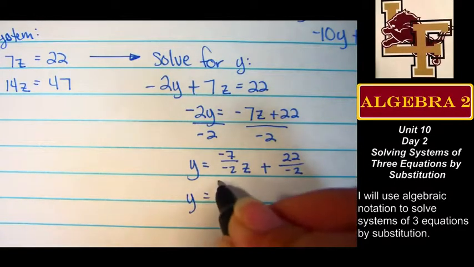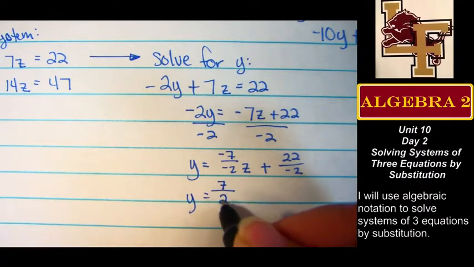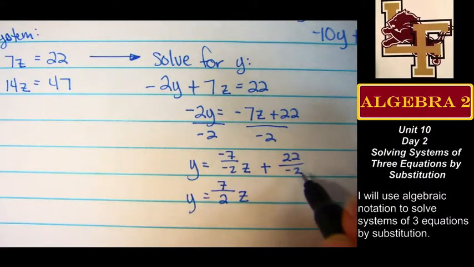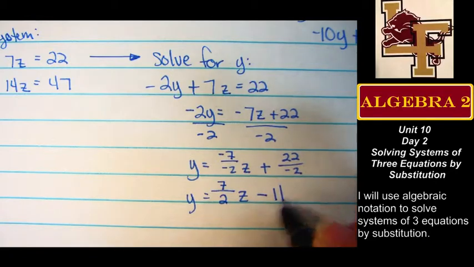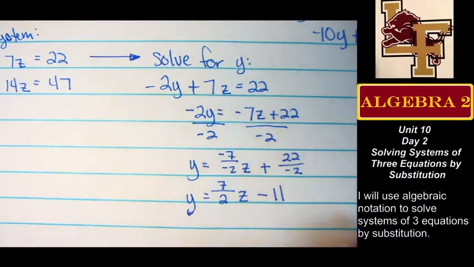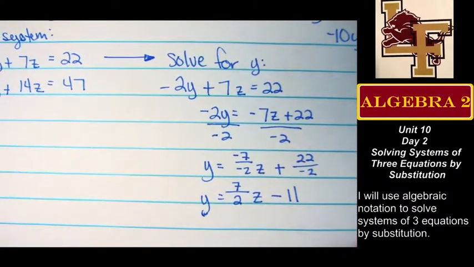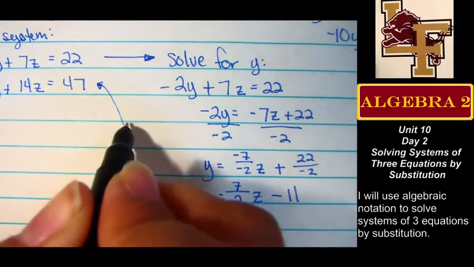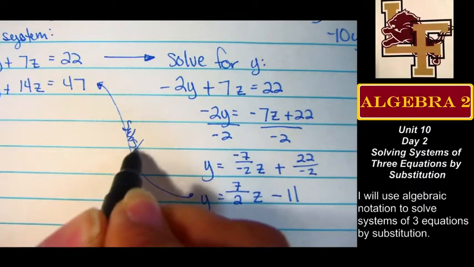On this fraction, the negatives are going to cancel. And on this fraction, 22 divided by negative 2 is negative 11. I have a value for z now, which I'm going to substitute back in my other equation.